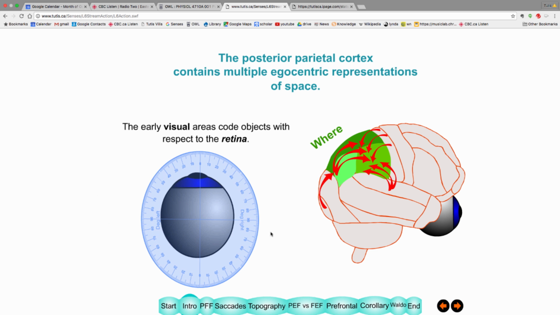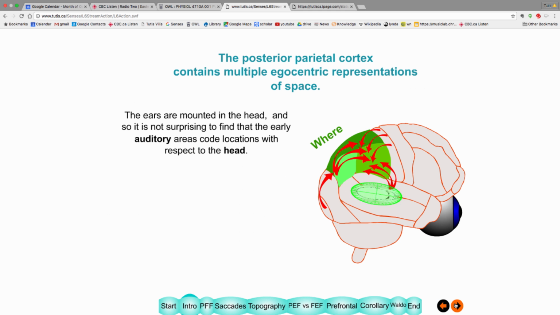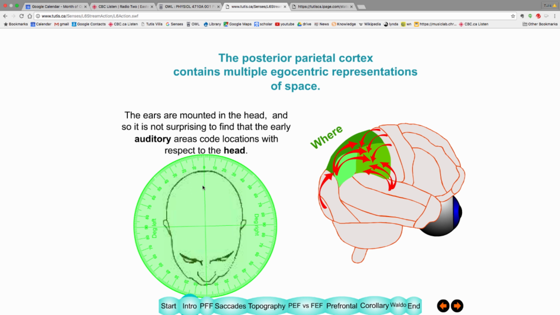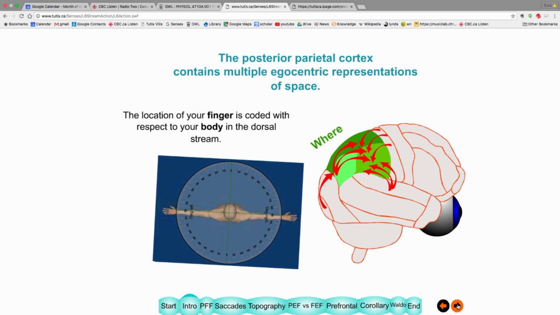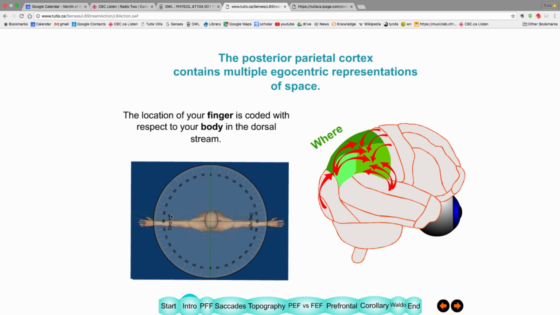We'll see, for example, that the retina works, so if you're coding where your eye should move to make a saccade, you work in terms of where it is on the retina. If, on the other hand, you're trying to locate something based on what you hear, you're working with respect to things around your head. And finally, if you're making a finger movement, you're coding things with respect to your body.